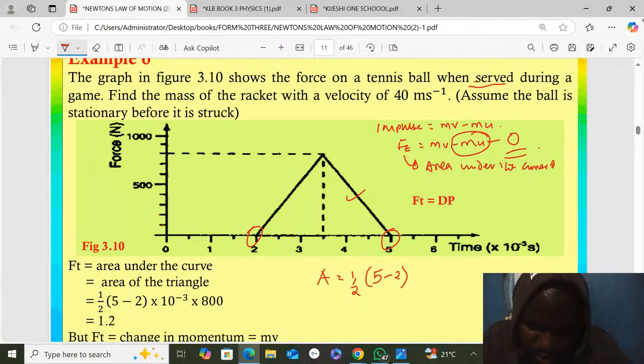One small bar is equivalent to 100 units, so this is 5, 6, 7, 8, meaning we multiply by 800.